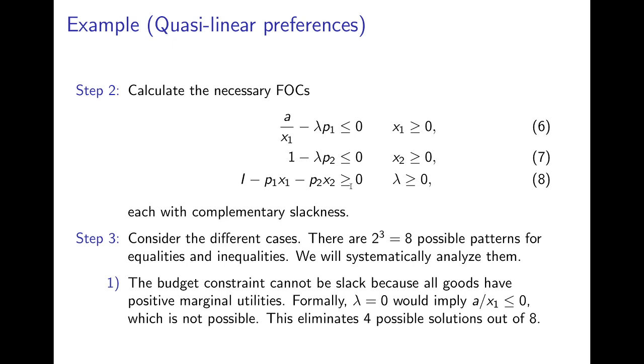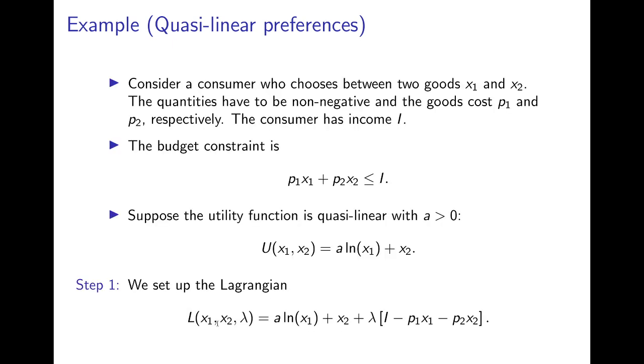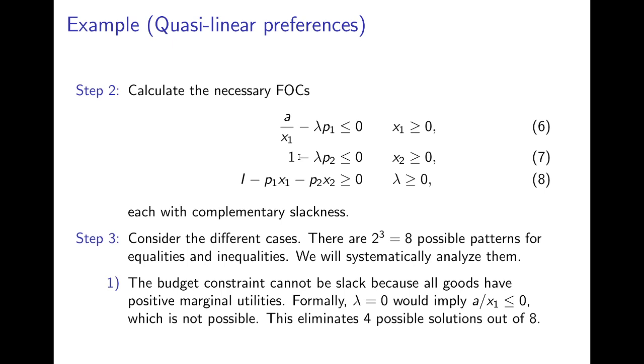Then the same holds true with respect to the choice of x2. Now here we see the derivative of the Lagrangian: this drops out, x2 does not appear. Here we have 1, and here we have, again, this drops out, and here we have minus lambda p2. So that's 1 minus lambda p2 is smaller or equal to 0, and x2 is greater or equal to 0.